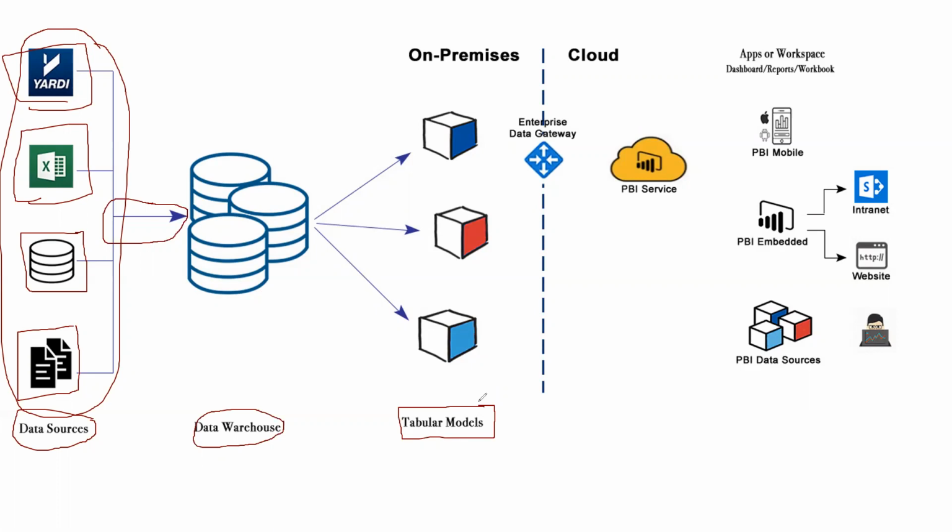And then after that, we add relationships. So it could be one-to-many relationship trying to create a star schema. And then after that, we add all the DAX measures. So when we import the tables, add the relationships, and then add the DAX measures, we create tabular models.